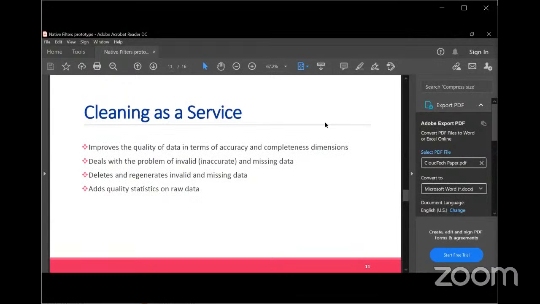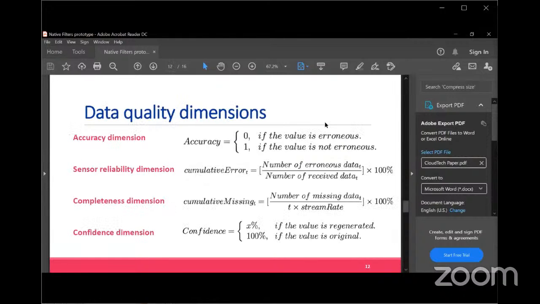The cleaning as a service improves the quality of the data mainly in terms of the accuracy and completeness dimensions. So the cleaning as a service deals with the problem of inaccurate and missing data. It also deletes and regenerates erroneous and missing data, and finally adds some quality statistics on the raw data.